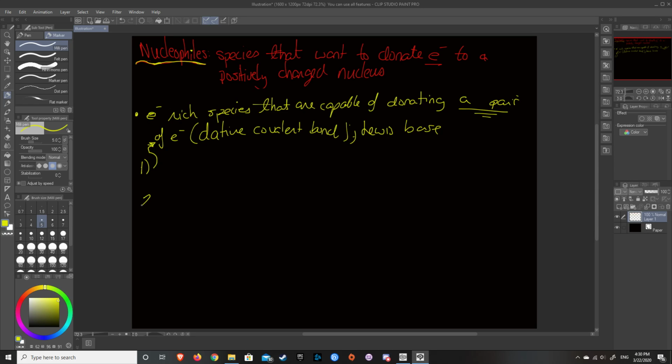The second rule that you need to know about nucleophiles is that negatively charged ions are better nucleophiles than their conjugate acids.